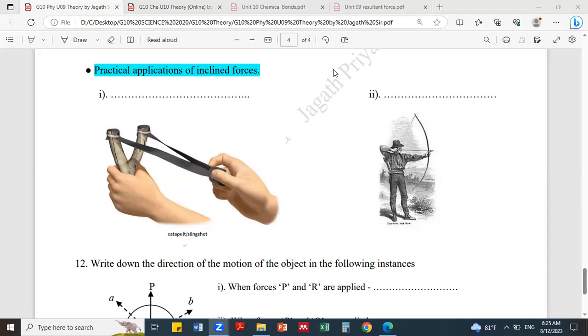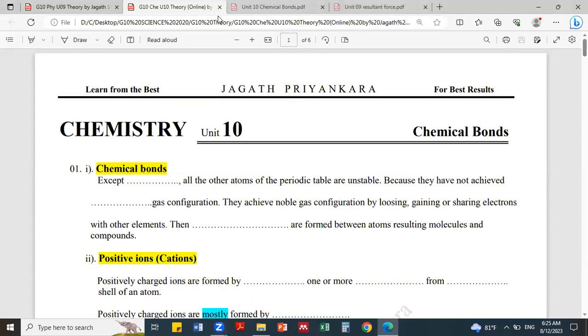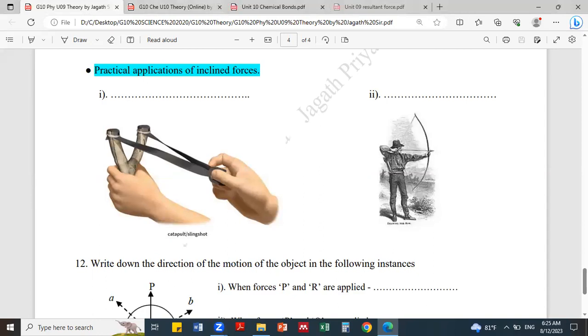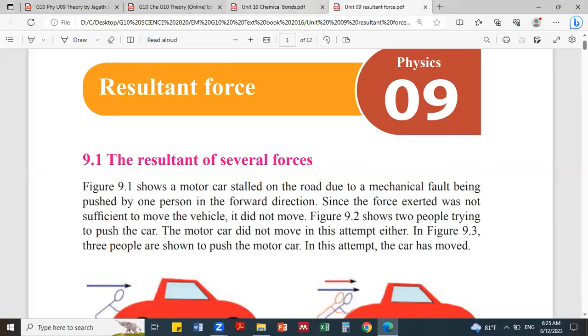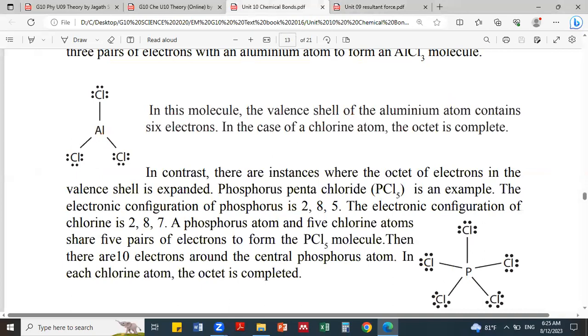You can see here the practical applications. But these things are not given in your textbook, students. I'll show the textbook, the last page. Unit 9. Textbook. Yeah, this one. So this is what they have given. Only this much.